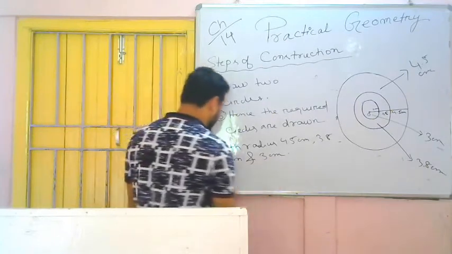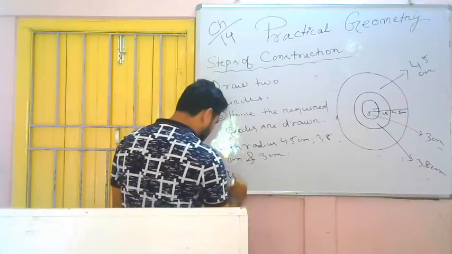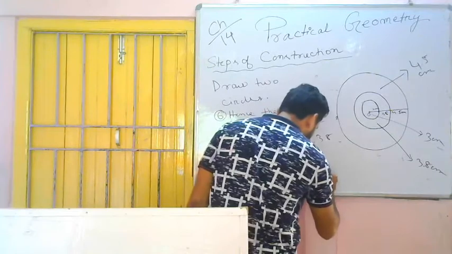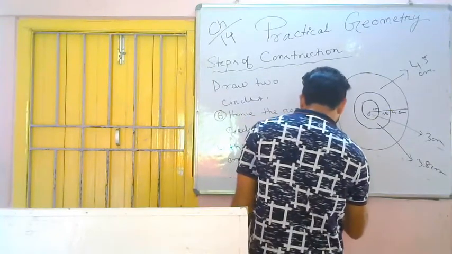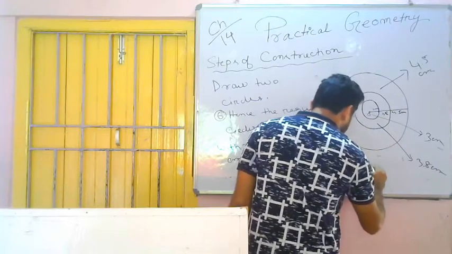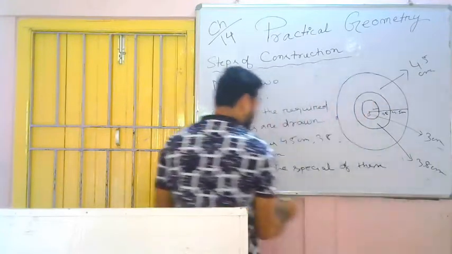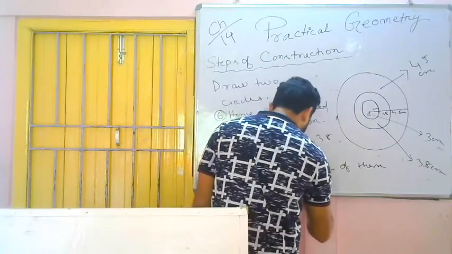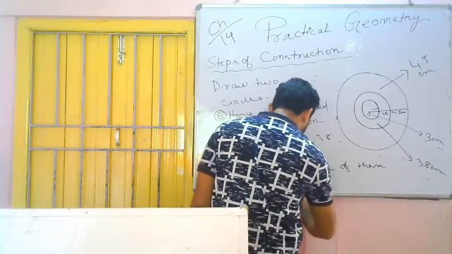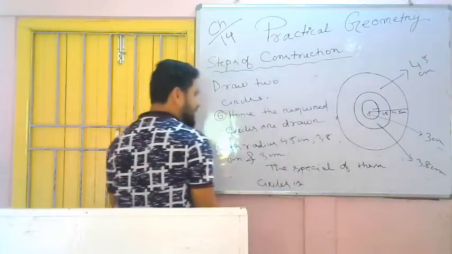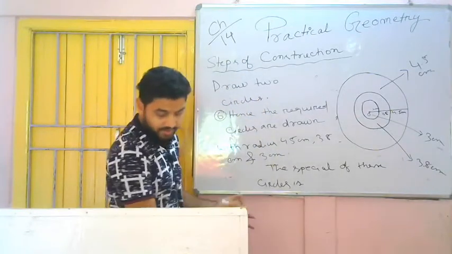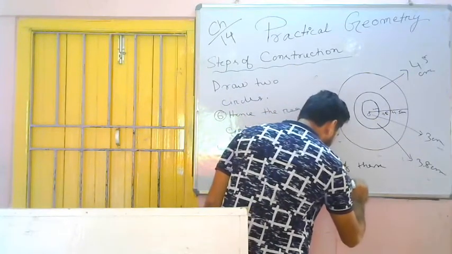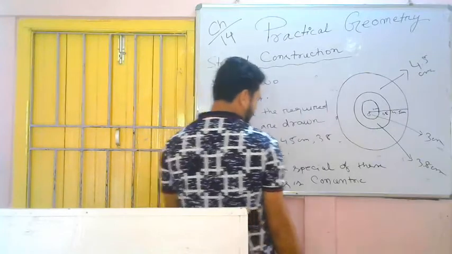That means write the special name of these circles is concentric circles.